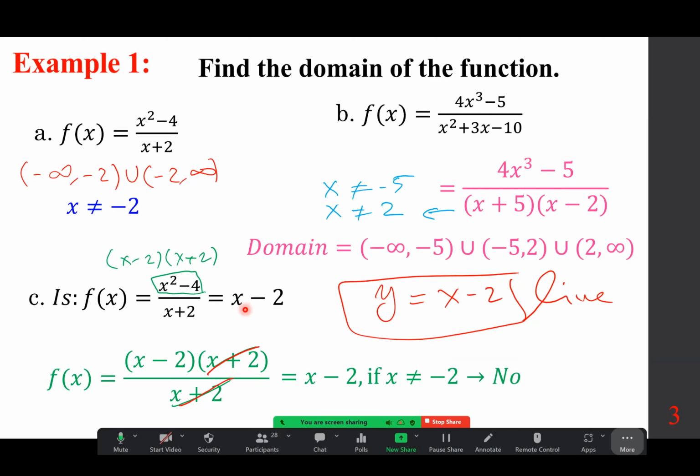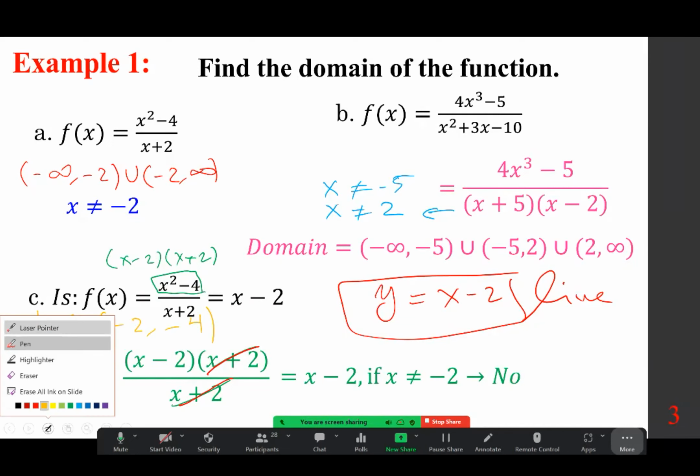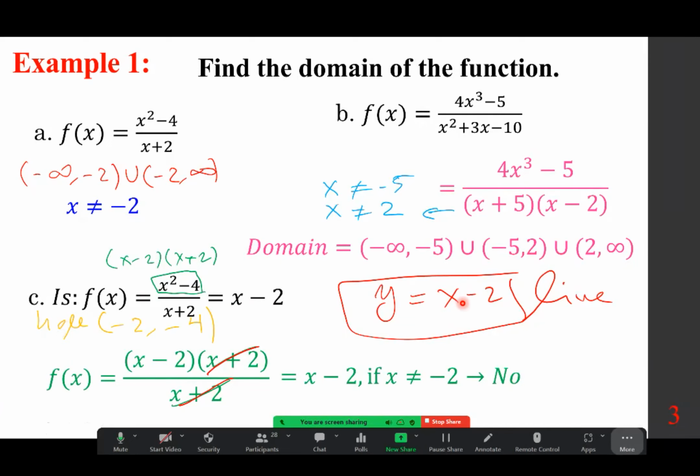So this one would be having a hole with coordinates -2, -4. Again, how did we get the y coordinate? If you plug in -2 into this, you get -4. That's its y coordinate.